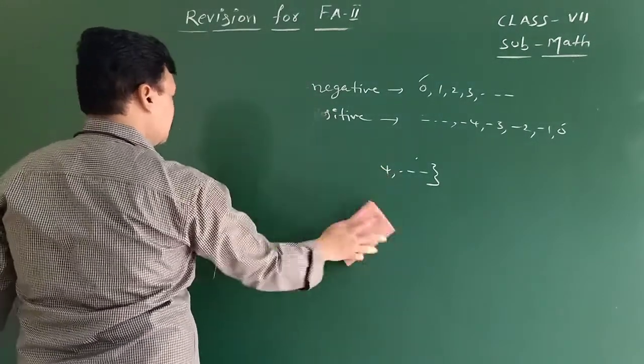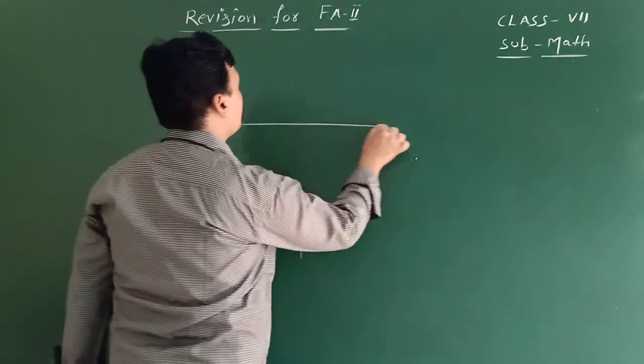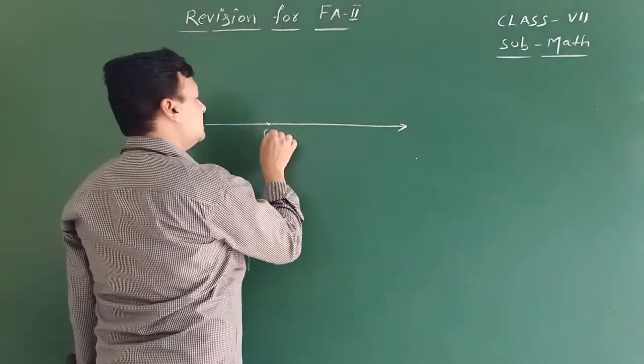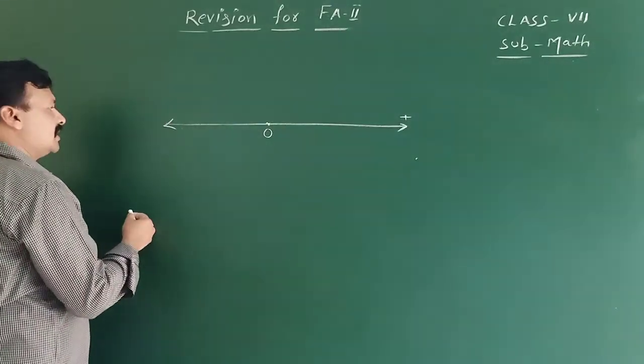Next, number line representation of integers. Positive numbers are placed right side of the 0 on the number line.